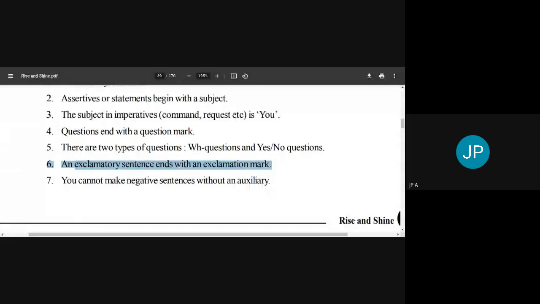All these feelings are expressed by exclamatory sentences. They are sudden feelings. So for sorrow, when somebody dies, the sudden feeling of sorrow is expressed as "alas". So that is a sudden feeling of sorrow.